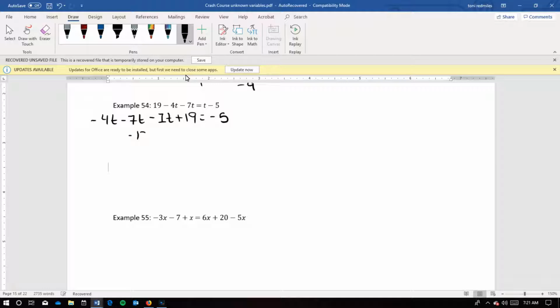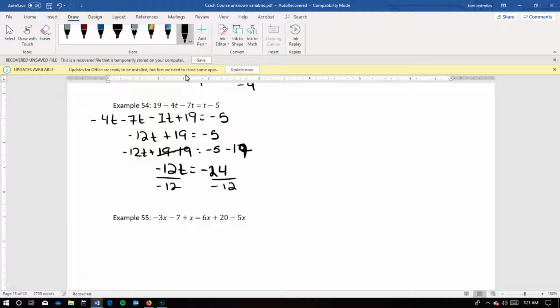One more is negative 12. 19 is being added, so I'm going to subtract it. Should have been a 19. Divide both sides by negative 12. 2 negatives make a positive 2.